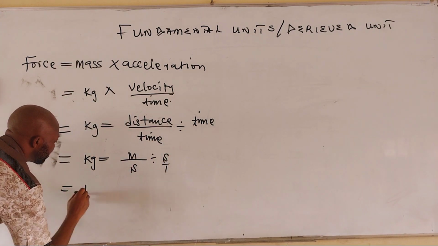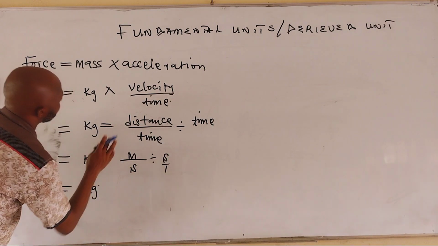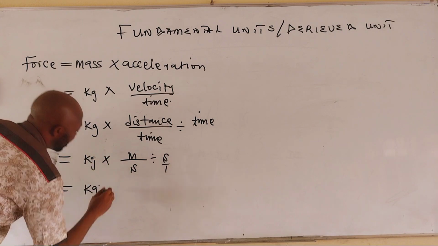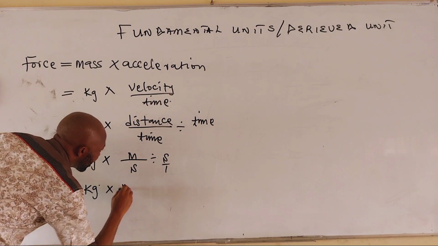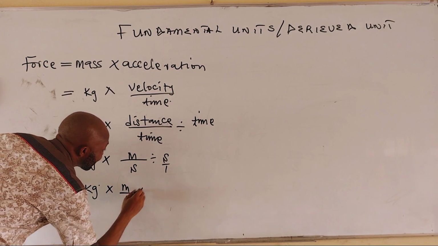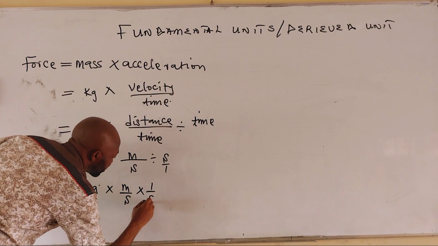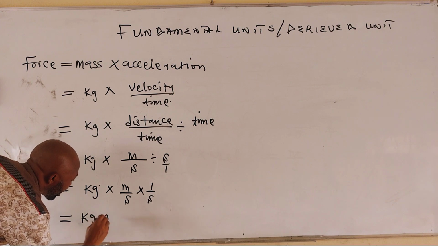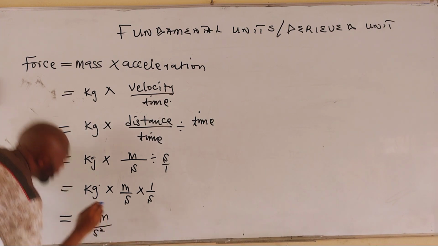So this is my kg times meter over second times 1 over seconds. And this is equal to kg meter over second squared.